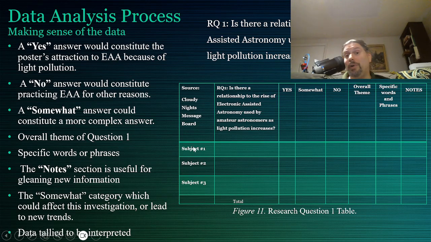Or it's also searchable by other people. Again, the somewhat category is the piece of this where it becomes a little bit subjective, and the theme and notes and specific words really will help the coding process here.